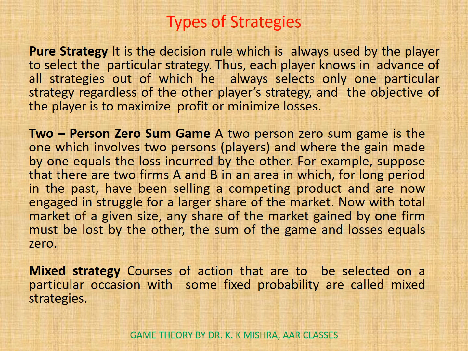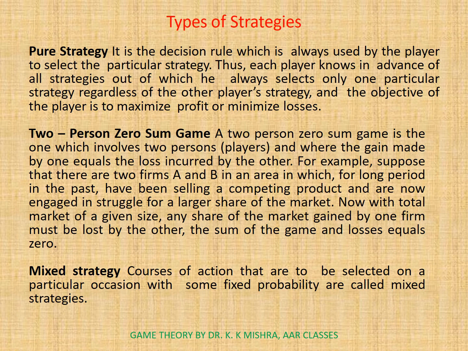For example, suppose that there are two firms A and B in an area which, for a long period in the past, have been selling a competing product and are now engaged in a struggle for a larger share of the market. Now, with a total market of a given size, any share of the market gained by one firm must be lost by the other. The sum of the gains and losses equals zero.